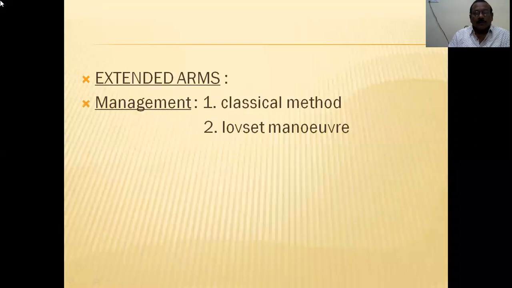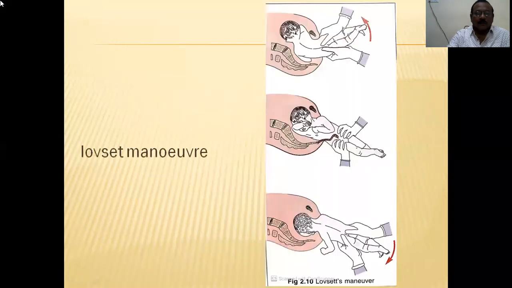In extended arms, we have to manage with the classical method or Lovset's maneuver. In Lovset's maneuver, you catch hold of the baby, turn the baby to one side, and then you extend your hand and flex the jaw.